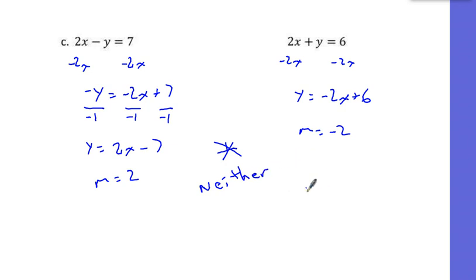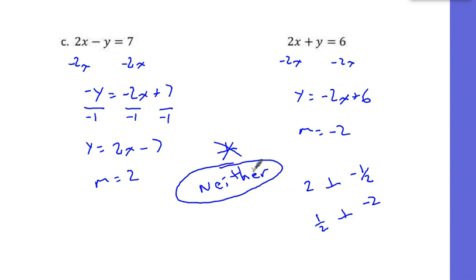In order for these to be perpendicular, the second one or the first would have to have been negative 1/2, or the first would have been positive 1/2, and a perpendicular slope would be negative 2. These would be examples of perpendicular slopes, but the slopes that were given are neither parallel or perpendicular.